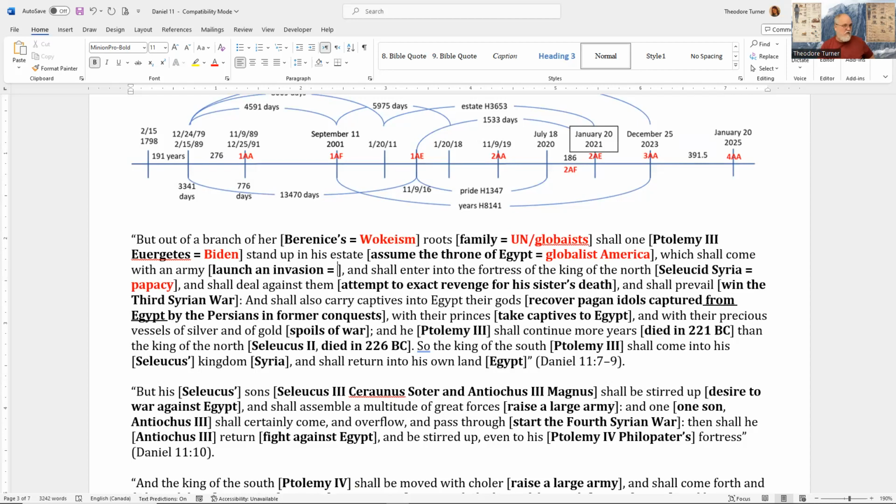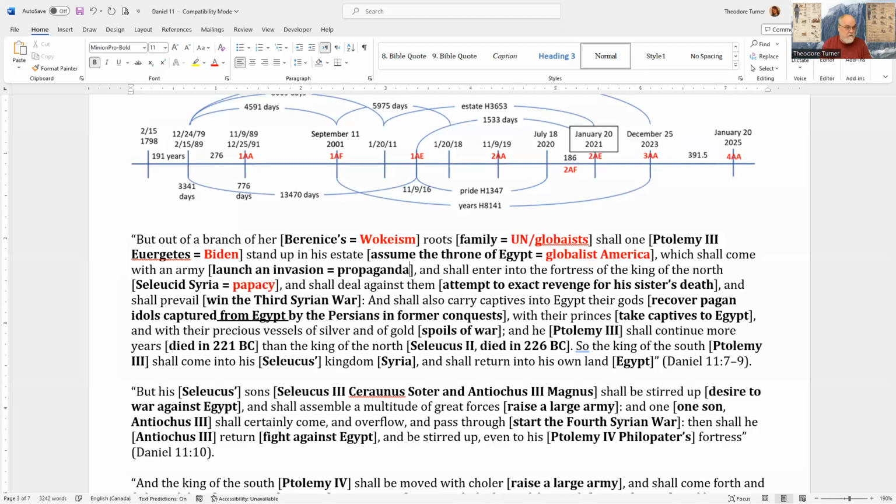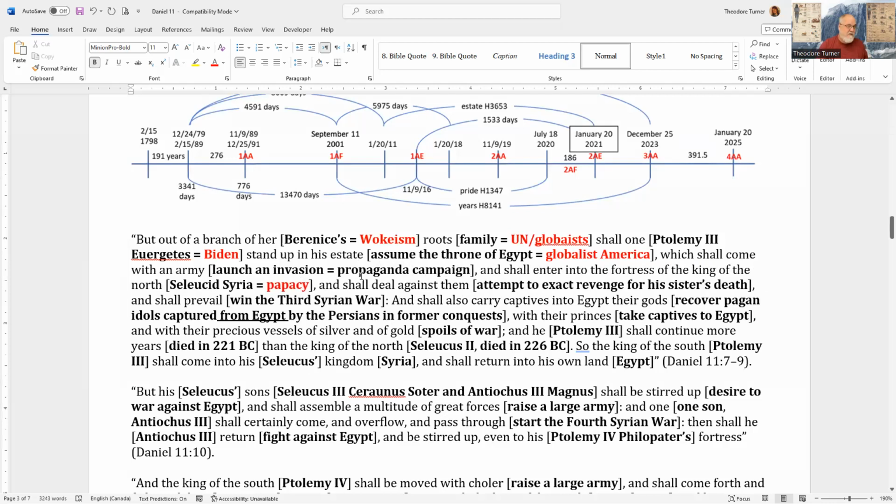So what would be a good word? They come with an army, they launch an invasion. Through what? What's the means? I mean, it's propaganda. Maybe that's the best way to put it. How's that?